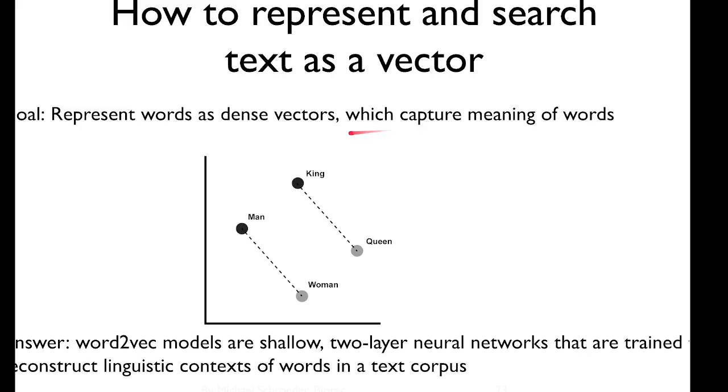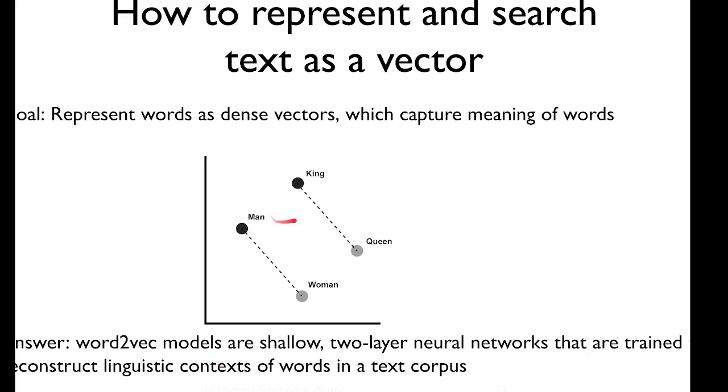In fact, the idea was that you could define beforehand how many dimensions you wanted these vectors to have, and you actually learn the vector representation that is capturing the semantics and meaning of the words. Essentially, this word2vec approach is a shallow 2-layer neural network that is trained to reconstruct the linguistic concept of a word.